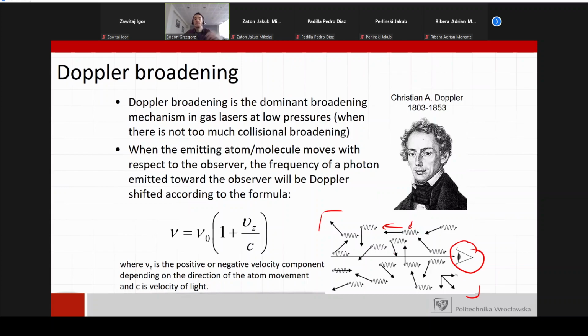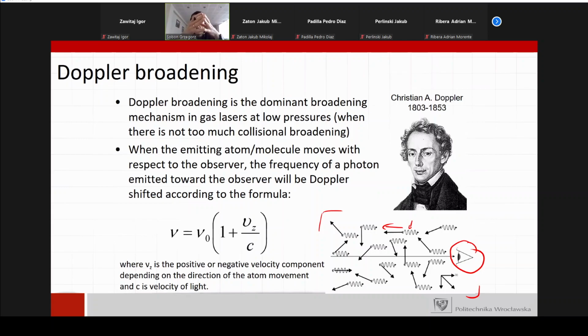So if every atom or molecule is moving with respect to the observer, we will observe a gigantic shift in all these frequencies. So this will be a huge mixture of many frequencies. Of course, luckily, this is not a very visible effect.